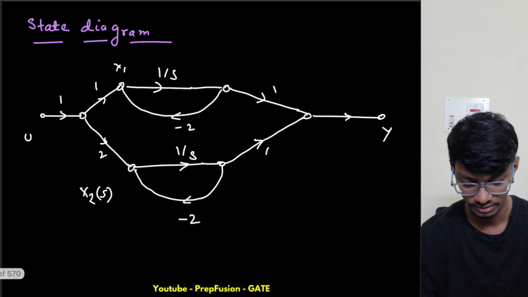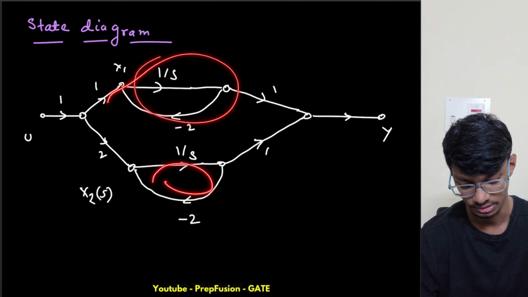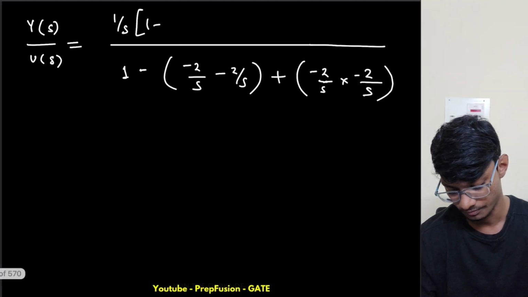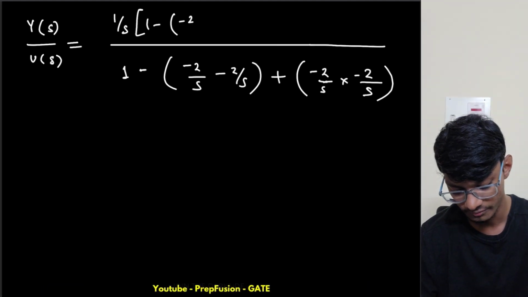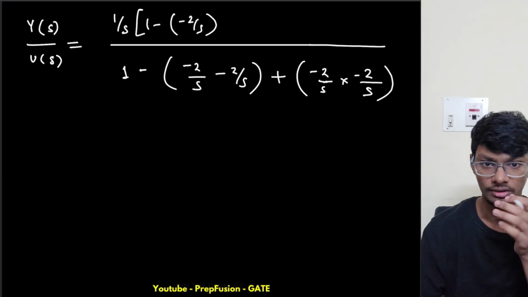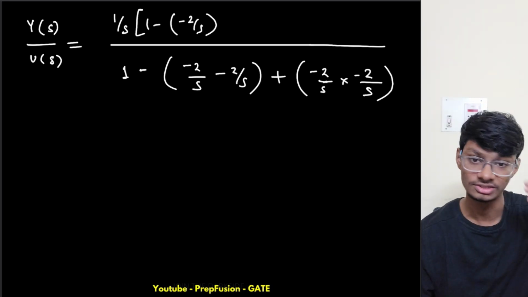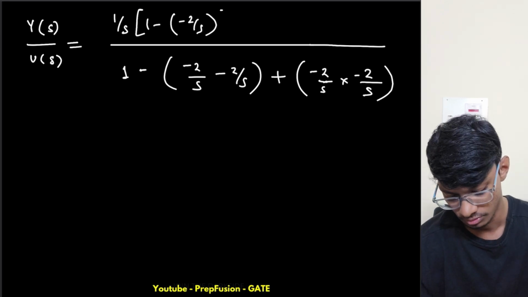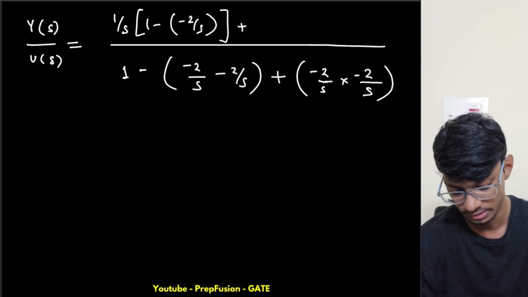It is minus 2 by s, and as we have only one isolated loop, there won't be another term like the non-touching ones, right? So this is gone.